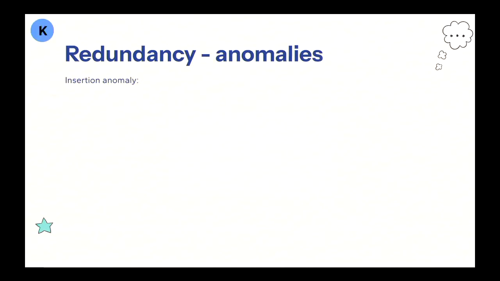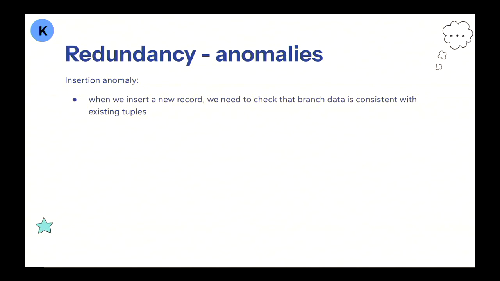So as you can see, redundancy could cause some problems or anomalies. And there are three different types. So the first one is called insertion anomaly. When we insert a new tuple or new record, we need to check that the branch data is consistent with existing tuples.